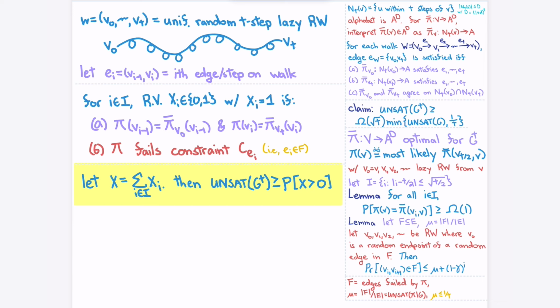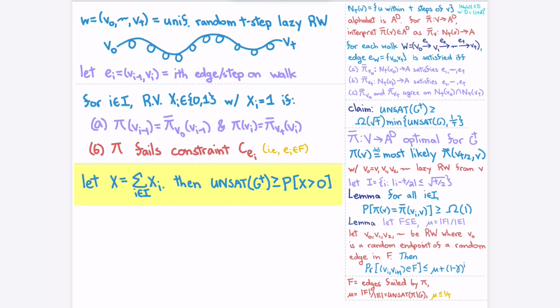So if any of these are non-zero, then you're going to kill that walk. If you have an edge and your induced labels, the two letters for those vertices, fail that constraint, and it's the thing assigned by the beginning and end of the walk, then in that powered problem, that walk is going to be bad.